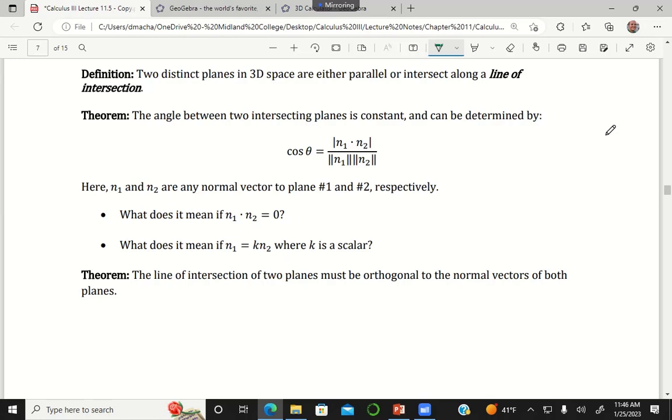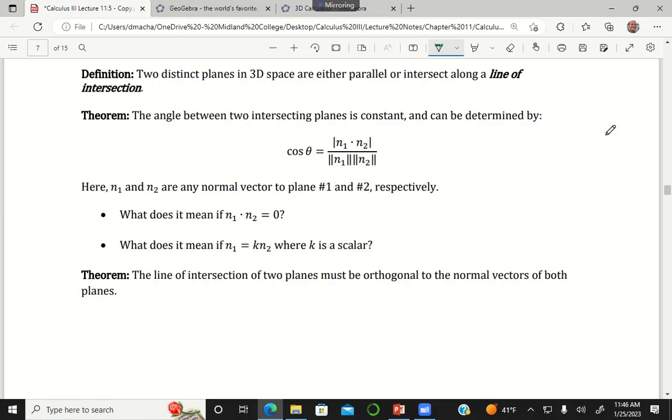So what does it mean if this dot product n1 dot n2 is equal to 0? What does that mean? Perpendicular. Yeah. That would mean the normal vectors are orthogonal. And if the normal vectors are orthogonal, that means the planes themselves are also orthogonal. Then what does it mean if n1 is just a scalar multiple of n2?